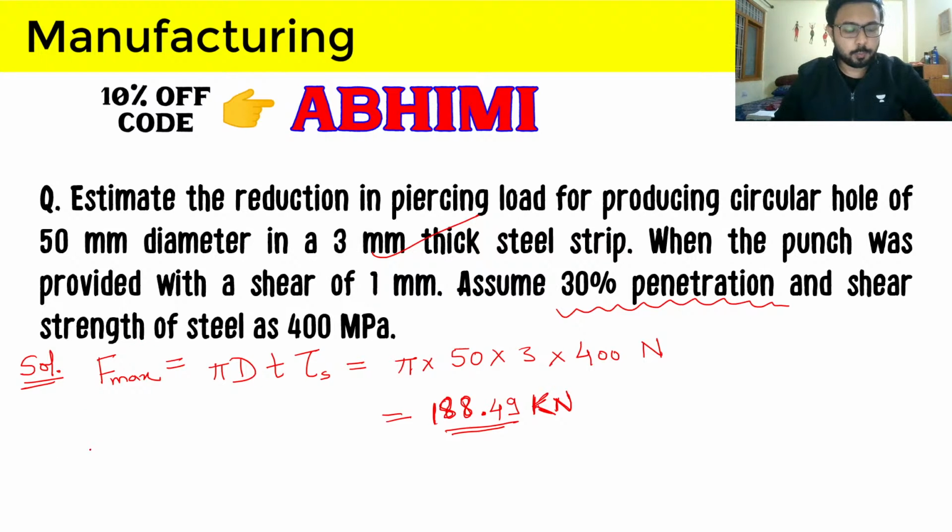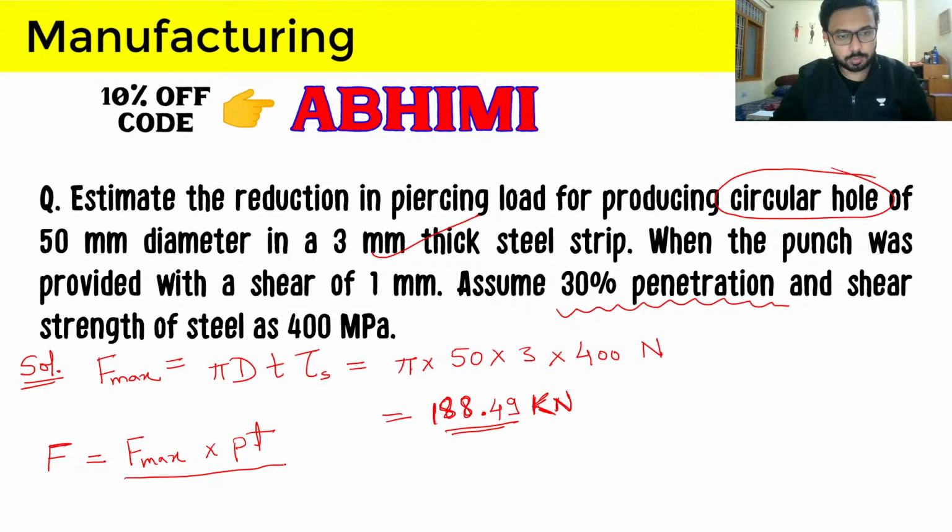So force required with shear on punch is given by this formula, because in the question it is given as a circular hole. So for a circular hole we are using this formula to calculate force when shear is provided. So it is maximum force cross penetration into thickness divided by the amount of shear which is provided on the punch plus penetration into thickness.